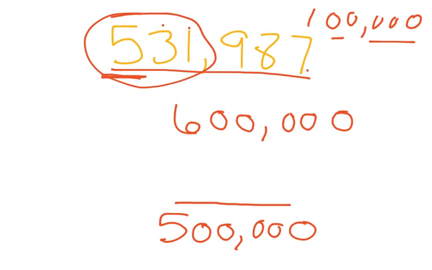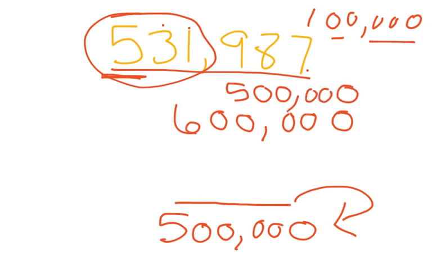So I think 531,000 is going to be closer to 500,000. So we would round this down. So 531,987 rounded to the nearest 100,000s would be 500,000.